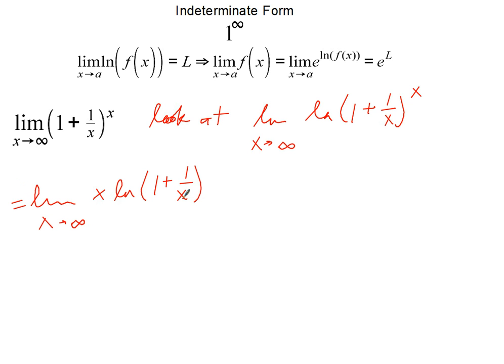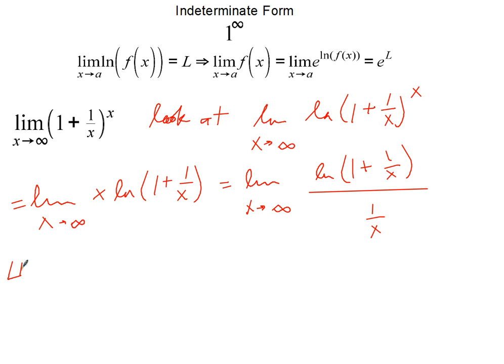Now this indeterminate form is infinity times the natural log of 1, or 0, so infinity times 0, which needs to be rewritten so that we can use L'Hopital's rule with it. We'll have the limit as x approaches infinity of the natural log of 1 + 1/x over 1/x. Now we're in the form 0 over 0.